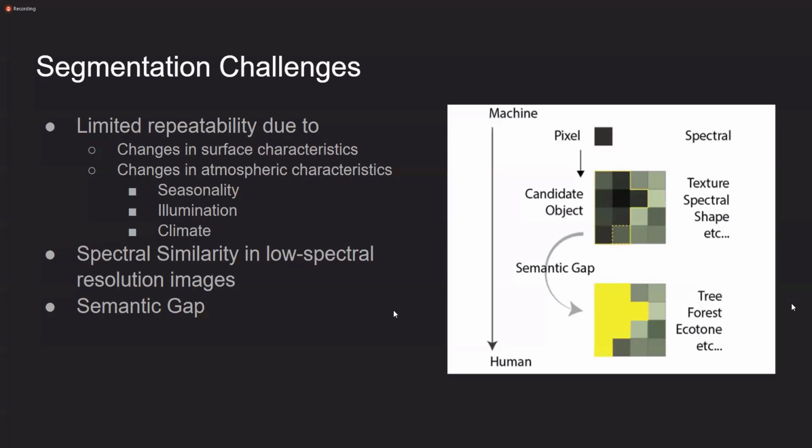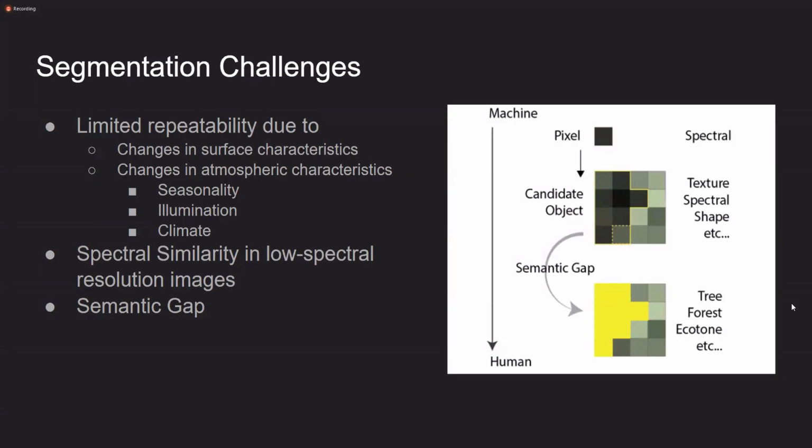So segmentation challenges, I already went over the first part. We have limited repeatability due to those different influences, whether it's haze and atmospheric constitution or things like seasonality and illumination and shadowing. It changes the way that the environment's illuminated, and for us as humans, we just understand that, but for computers it's a lot more difficult to get past that issue.